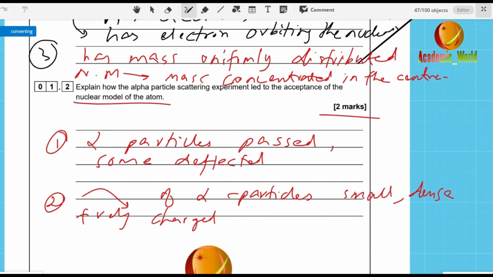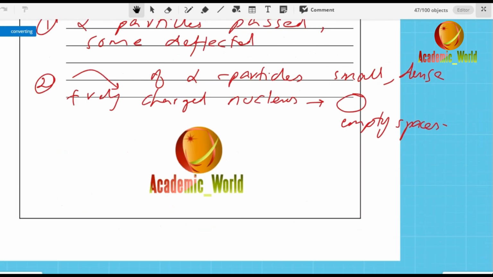Okay, that is surrounded by mostly empty space. That is the answer to the second question.